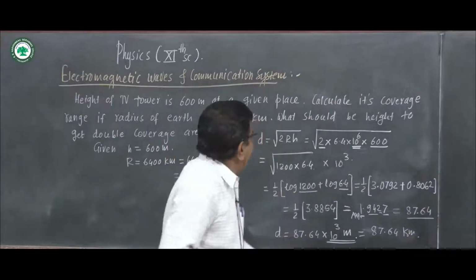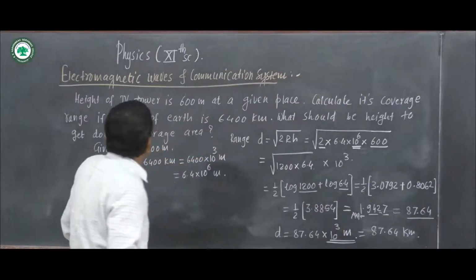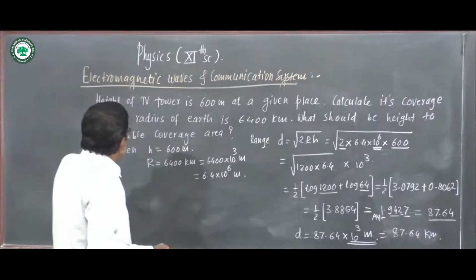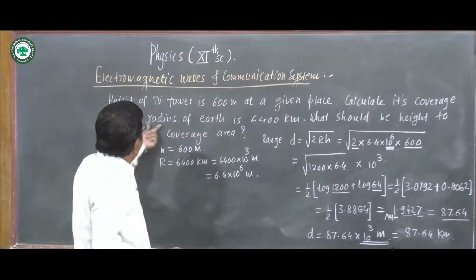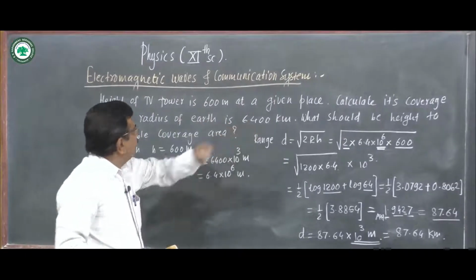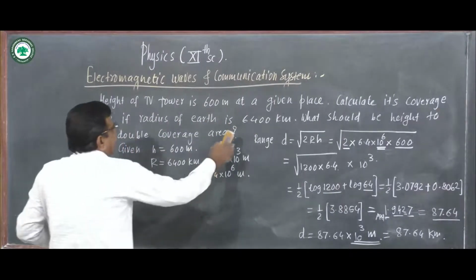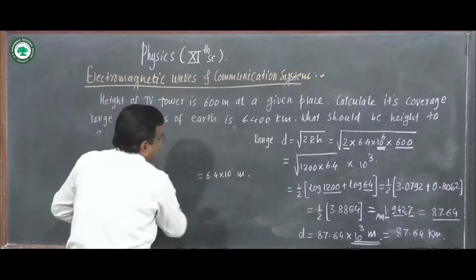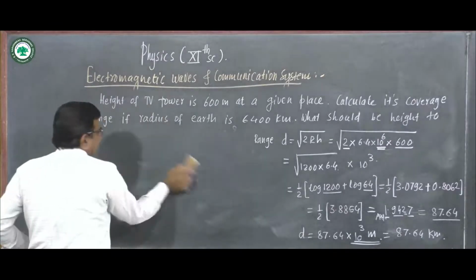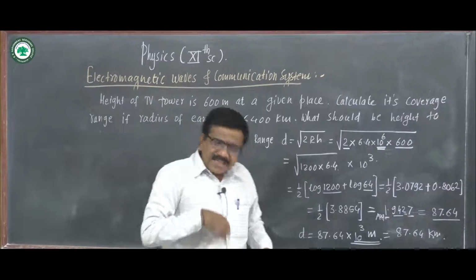Now we have to find, next part is: if radius of earth is like this, what should be the height to get the double coverage area? We have to find the new height, h dash.